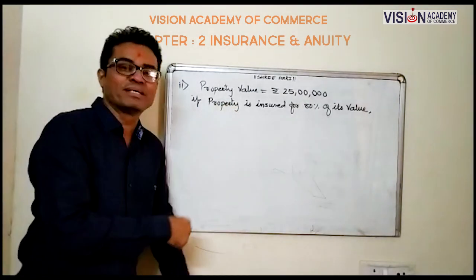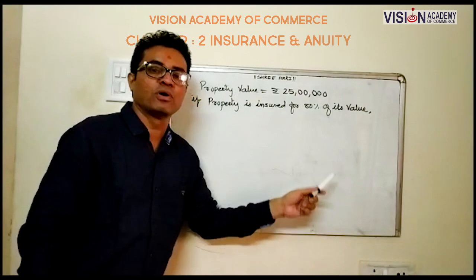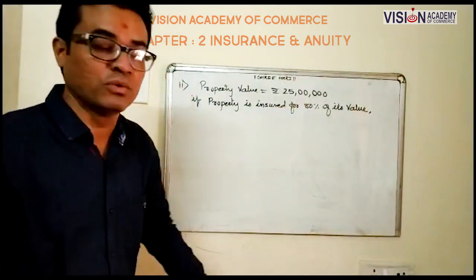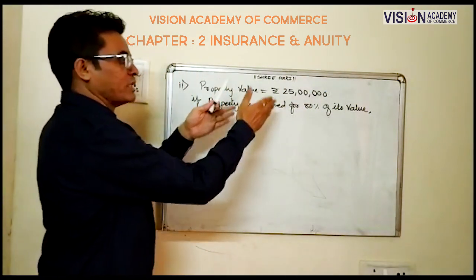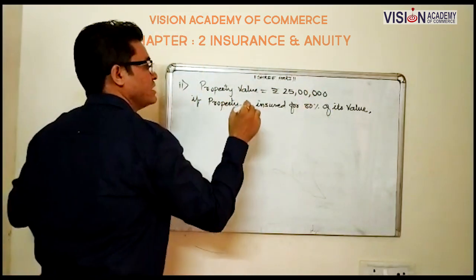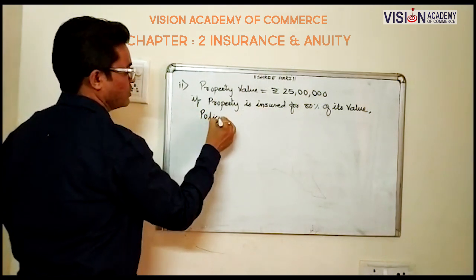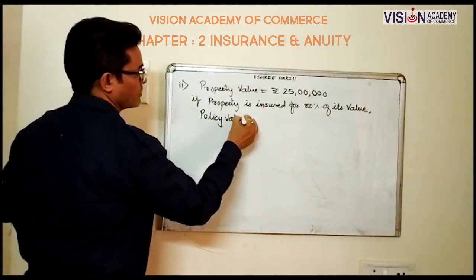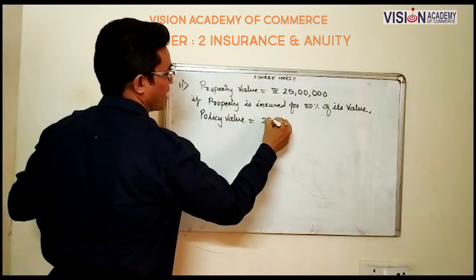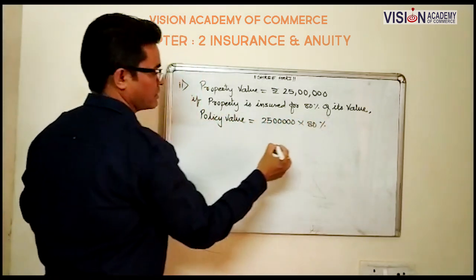Your second sub question: if the property is insured for 80% of its value. So the property value is already rupees 25 lakhs. Now the property is insured for 80%, so your policy value is 25 lakhs into 80%.